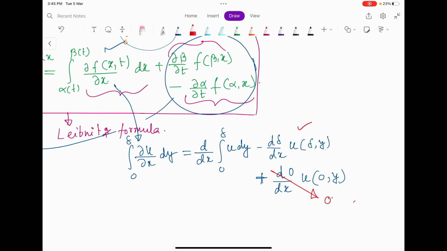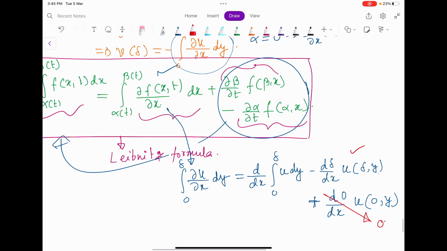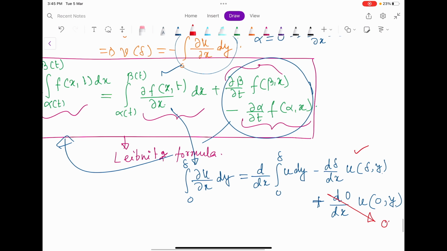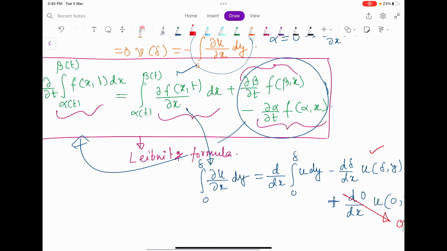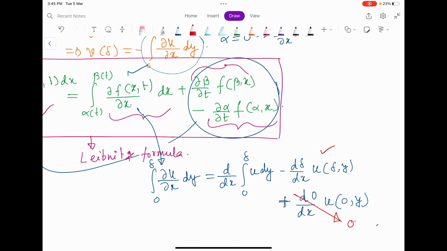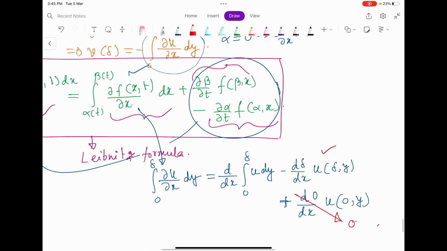So this is what I have written. Okay, so here, instead of x I am having y, and instead of t I am having x. So this is what I have written, this is okay.